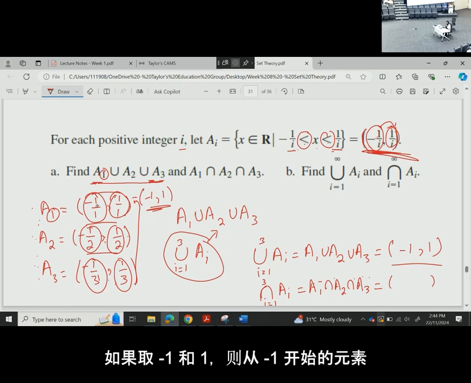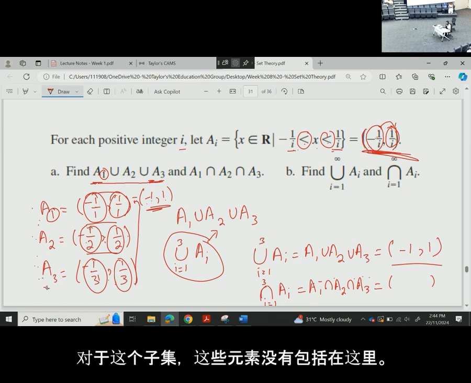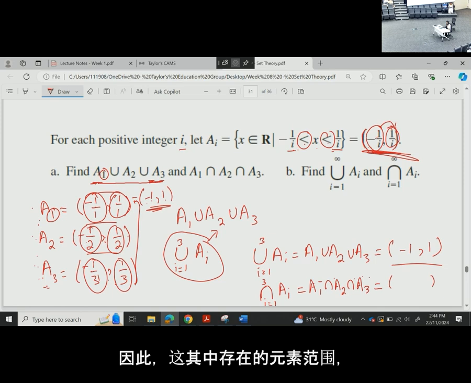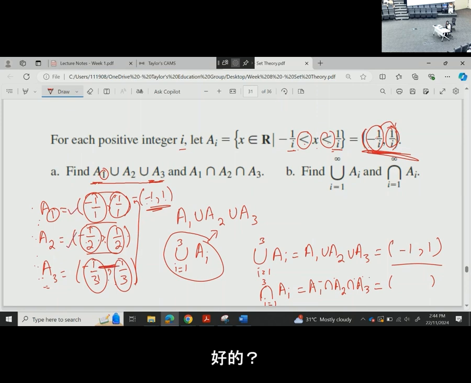If you take minus 1 and 1, the elements from minus 1 up to minus 1 by 2 are not included here. Again, if you look at minus 1 in relation to this subset, these elements are not included here. You only need the elements that are shared, because you are taking the intersection.